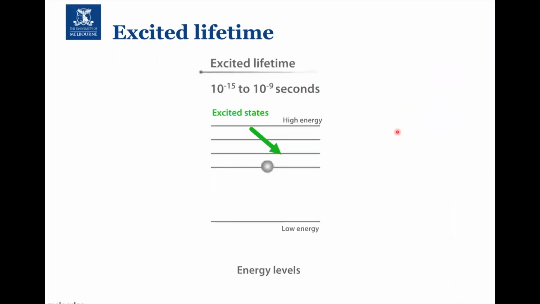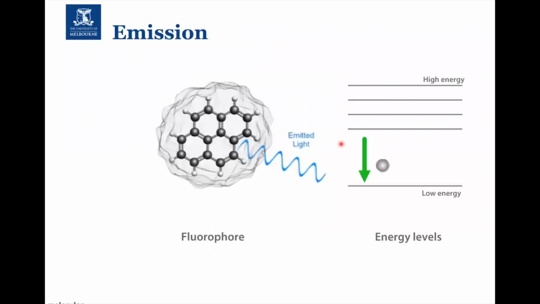So this lasts for a very, very short period of time, so 10 to the minus 15 to 10 to the minus 9 seconds. And then finally, the electrons will transition back down to the ground state, and that happens when that energy is released as a photon of light coming back out, so being emitted from the molecule. That brings it back down to the ground state energy.